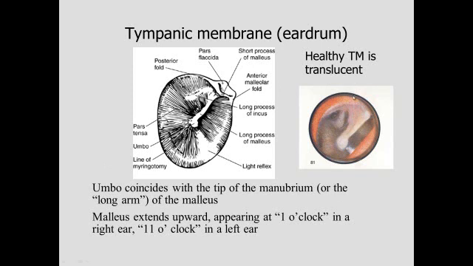Another way that I like to remember it is I just imagine this is somebody's nose, so their nose would be over here, and they would be looking that direction, which means that this must be their right ear. In the left ear, this would be flipped over to the other side, at 11 o'clock, which would mean their nose was over here, and they'd have an eyeball right there, and they'd be looking in that direction, so this must, in that case, be their left ear.